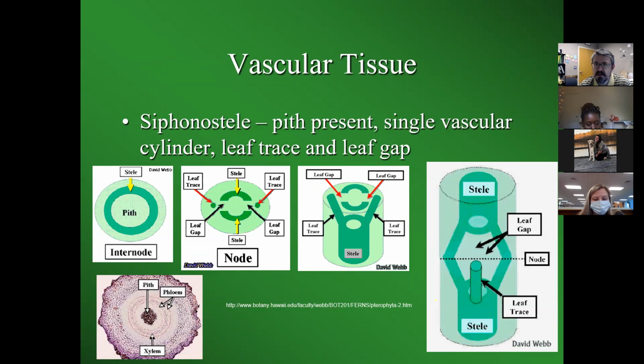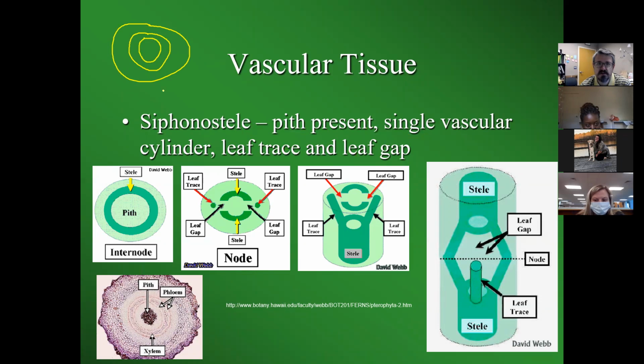Siphonostele is maybe the next one that would have developed. It's a little bit more complicated. Siphonostele has a pith, and it's one big singular vascular cylinder, but it has a leaf trace and a leaf gap. So if you were to draw this from a cross-section perspective, it'll look like this.